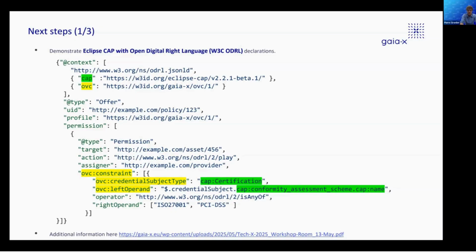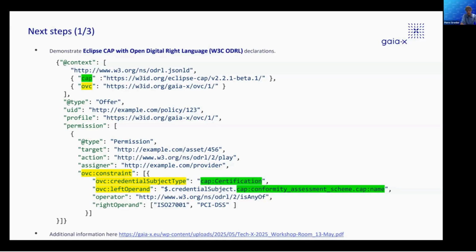And that's the capacity that's enabling an ODRL policy to use verifiable credentials by adding, as you can see highlighted in yellow on the slides, an OCV constraint. And this OCV constraint, for example, will say that you need to have a credential subject, so a signed claim here, for instance, of a certification. You will have almost like a JSON path, the path to the property that you want to assess. So that's the left operand.